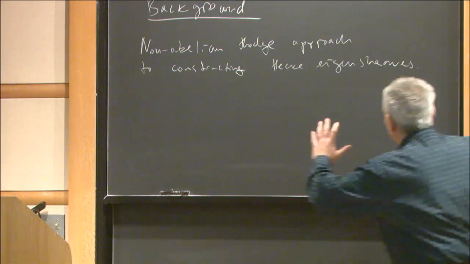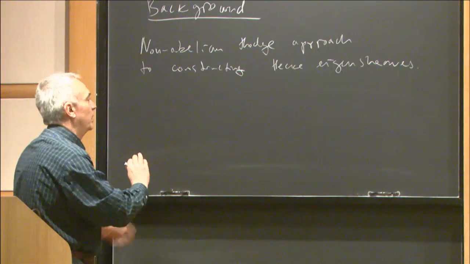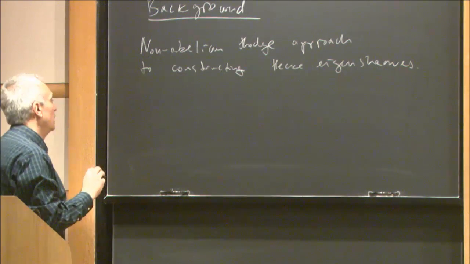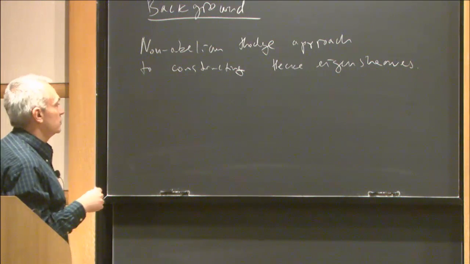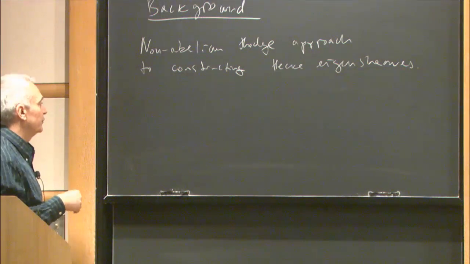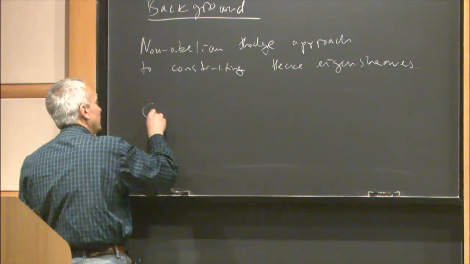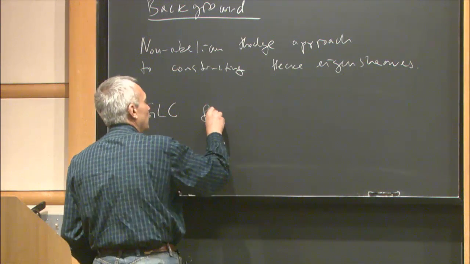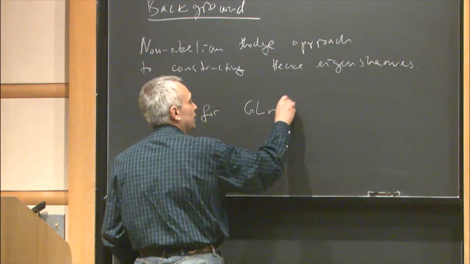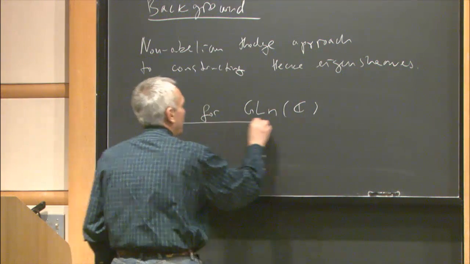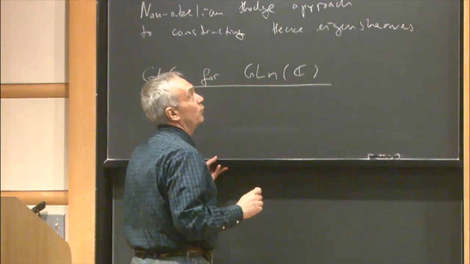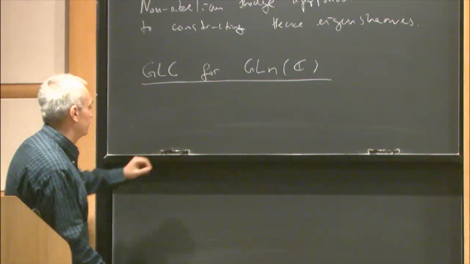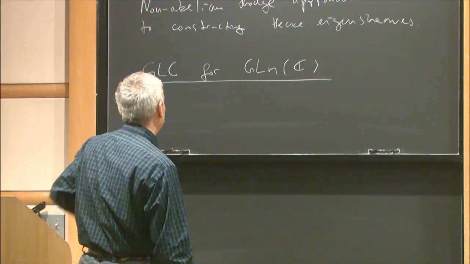So I'm going to do the most basic setup without any white noise that you have to worry about all the time. I'm going to talk about the geometric Langlands conjecture for GL_n over C in its most primitive form, without any of the subtleties that you really have to deal with.